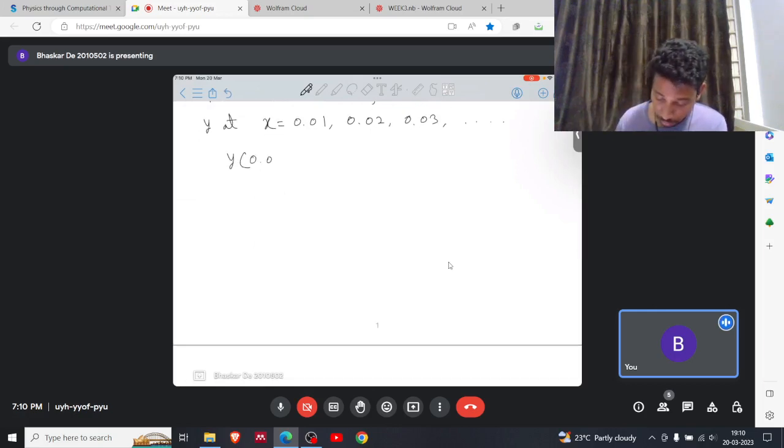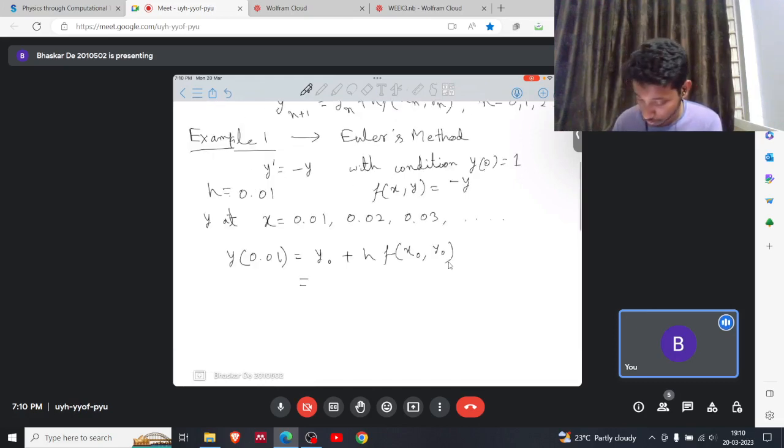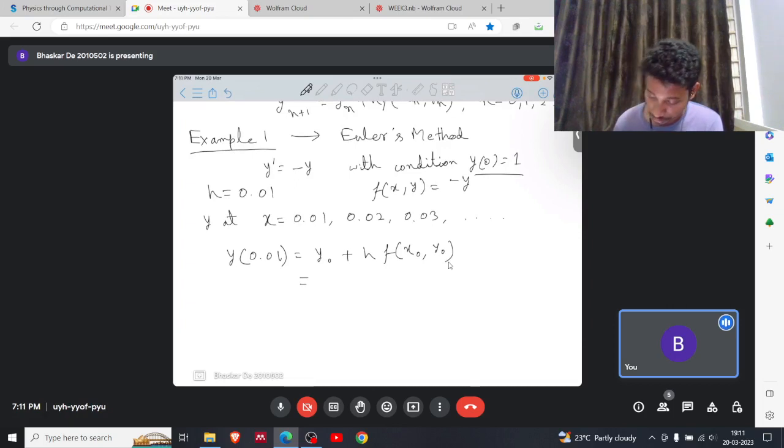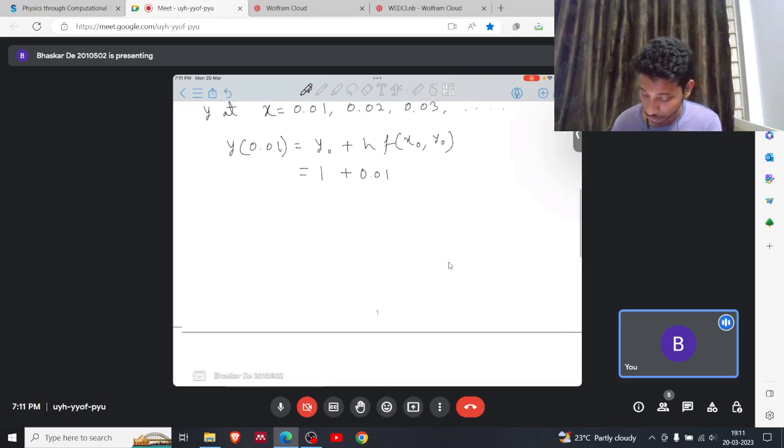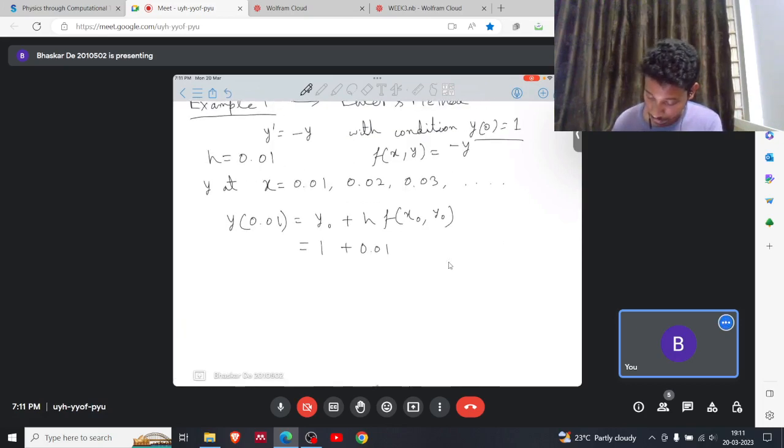So y at 0.01 equals y naught plus h f of x naught y naught. The y naught is given by this particular value, so it is 1 plus h, which is 0.01, times f of x naught y naught. Here x naught is 0, y naught is 1, so f of x naught y naught equals minus y naught equals minus 1.